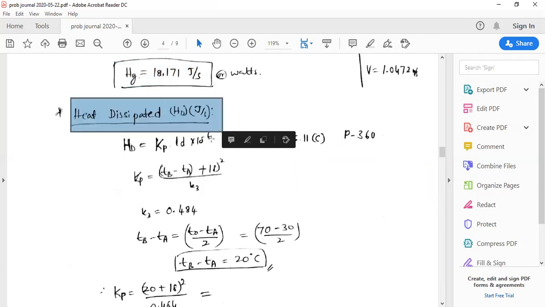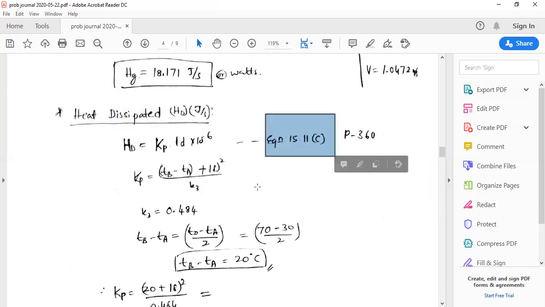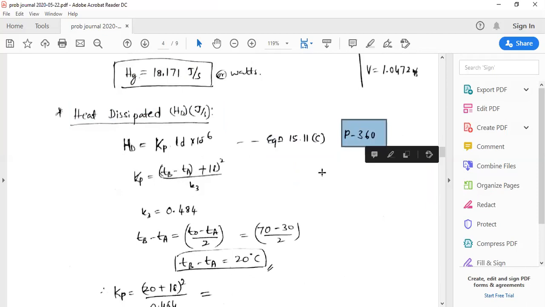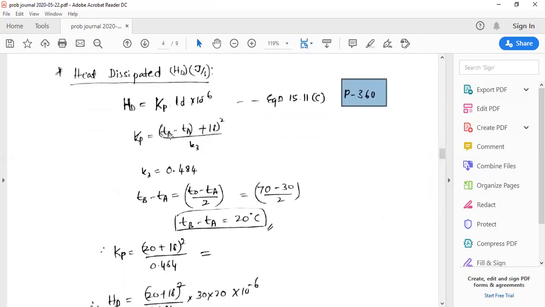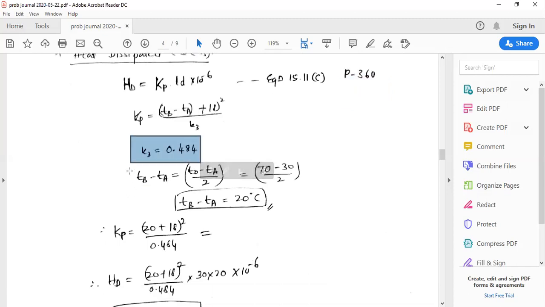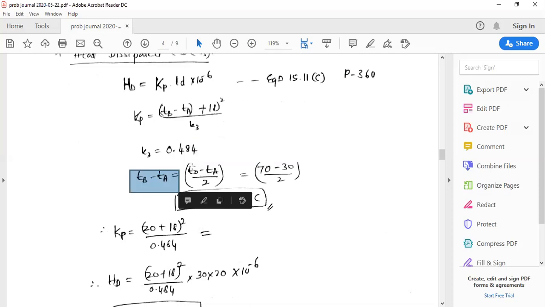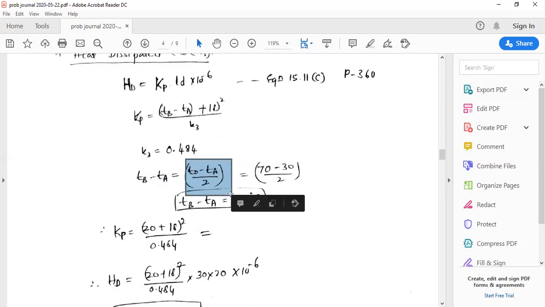Heat dissipated is given by Kp into L into D into 10⁻⁶, equation number 15.11c, page number 360. So Kp is (Tb minus Ta plus 18)² divided by K3. K3 is 0.484 and Tb minus Ta is nothing but (T0 minus Ti) divided by 2. So T0 is known and Ta is known.